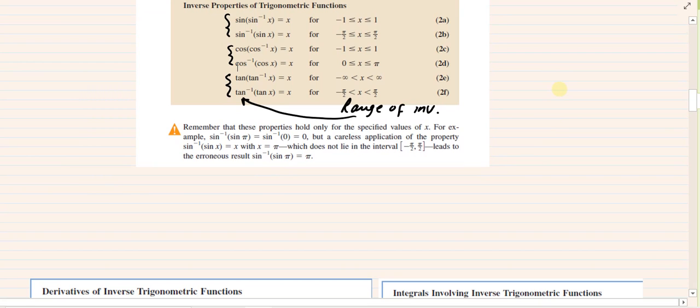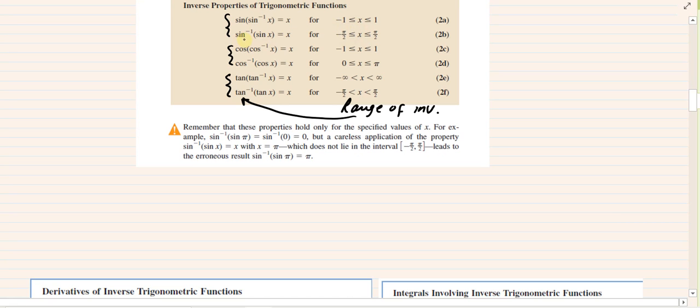And it's important because in a moment we'll see exercises where you have to do things like this. So the composition isn't always going to be just x. Keep that in mind. You've got to pay attention to the given range of the outside or the domain of the inside function. In the case of the function inside, if it's just sine, cosine, and so on, you look at the domain.